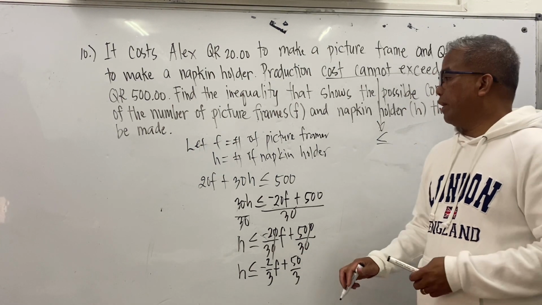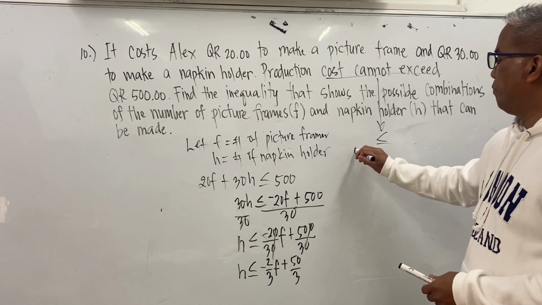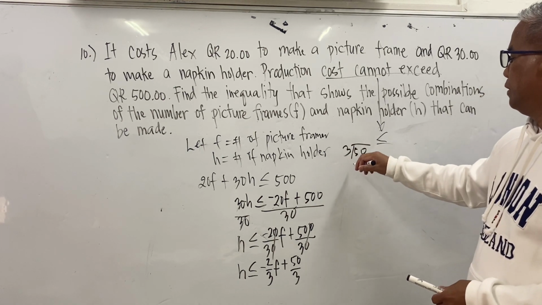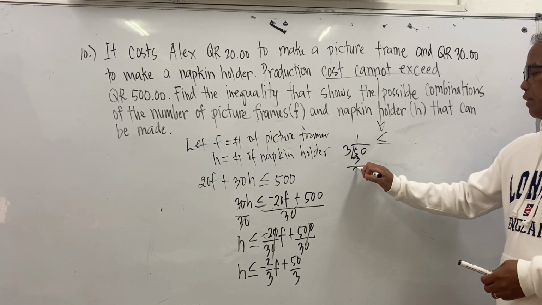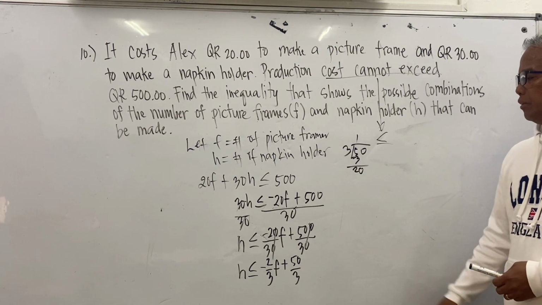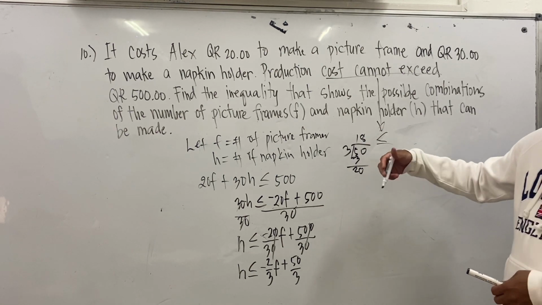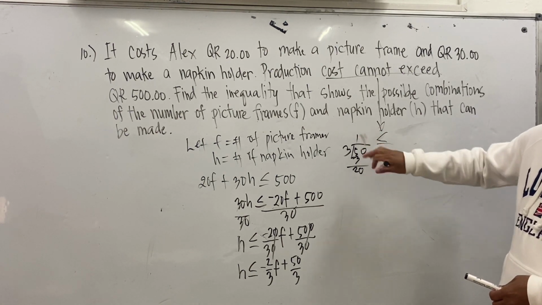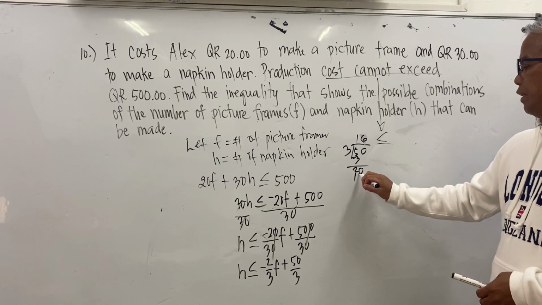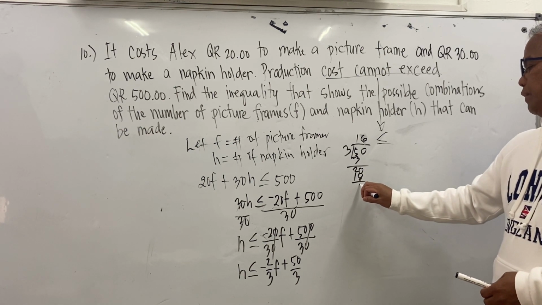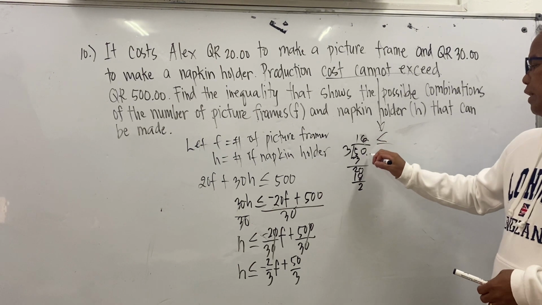But 50 divided by 3, so we can divide it here. 3 goes into 5 once, subtract, bring down the 0.